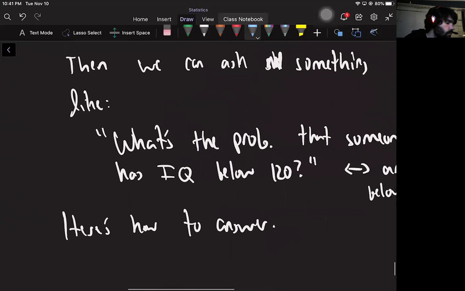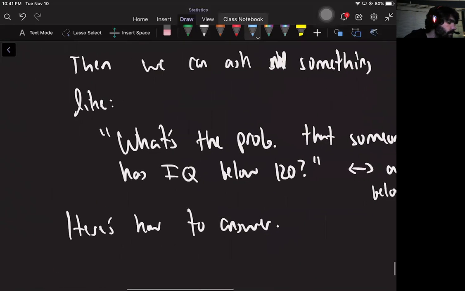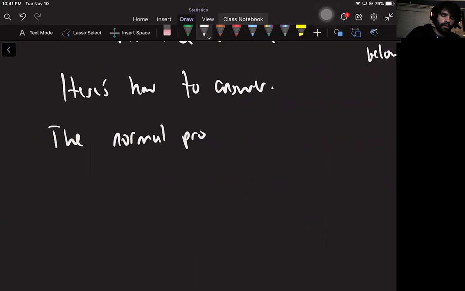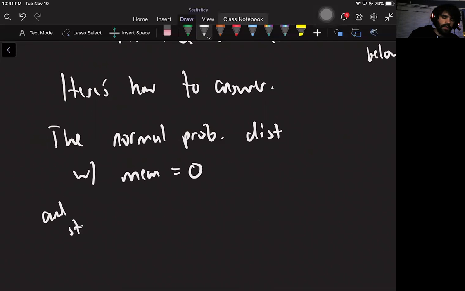to answer this question. But what I do instead is I look at this other normal distribution. This is like the best one. It's the one whose mean is 0 and standard deviation is 1.